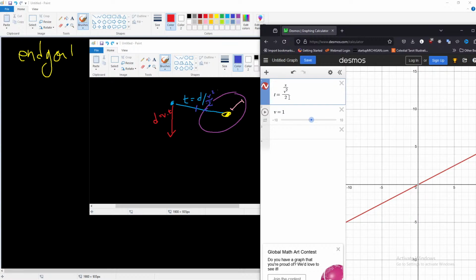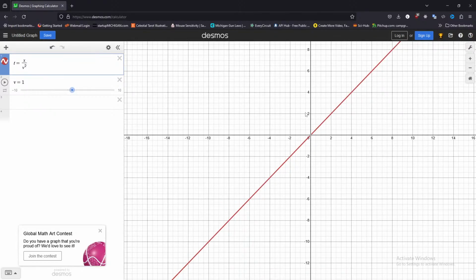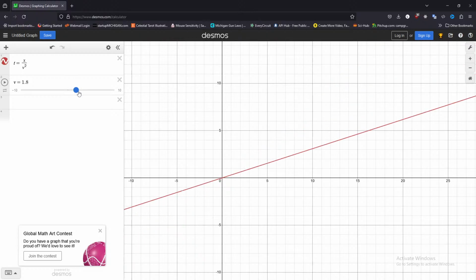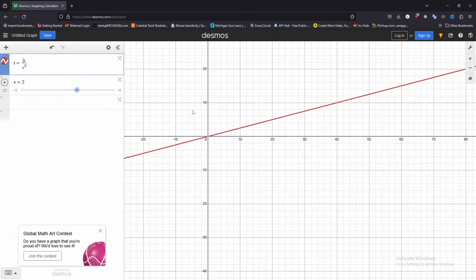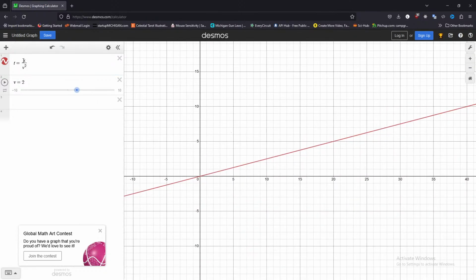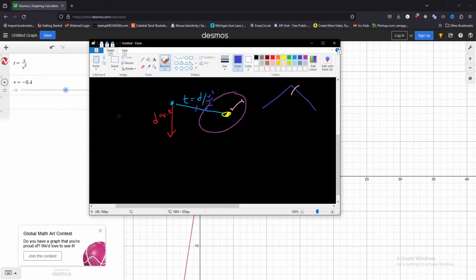Let's not divide this by 2. This is just linear. Why is this linear? Oh, because we're dividing by a constant. Okay, so that's our acceleration. Well, distance divided by acceleration. No, that doesn't make sense.